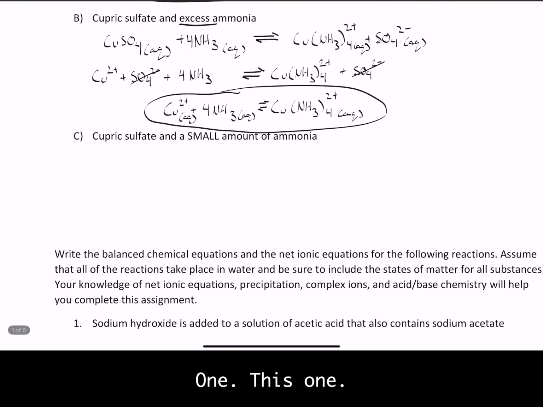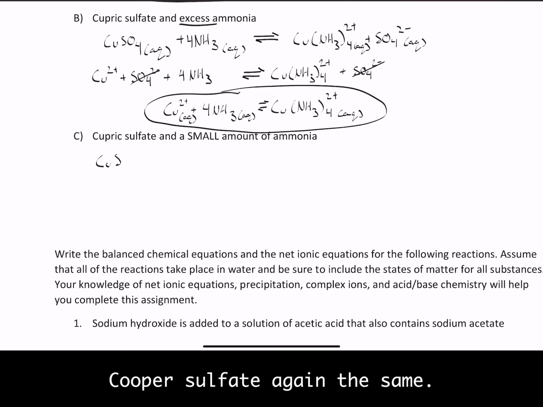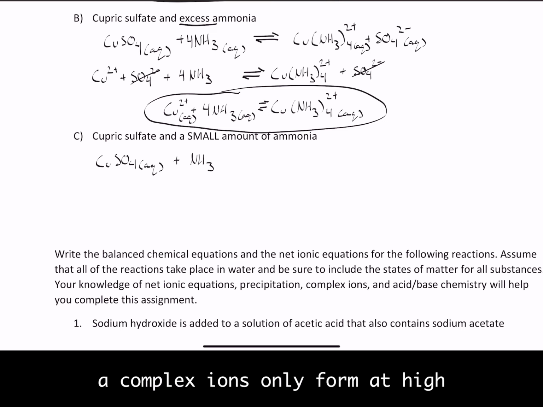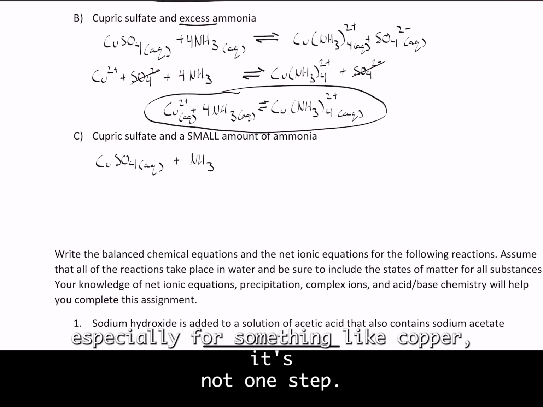So on this one, cupric sulfate again, so same, or very similar start. Except now it's a small amount of ammonia. And that's important because our complex ions only form at high concentrations. And that's partly because, especially for something like copper, it's not one step.